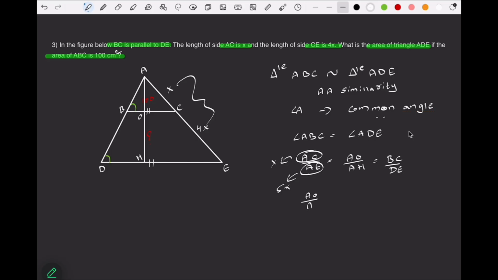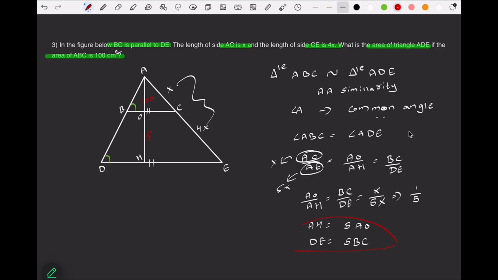AO over AH equals BC over DE equals x over 5x. We can cancel the x as that is common in both numerator and denominator, which equals 1 over 5. So AH equals 5 times AO and DE equals 5 times BC.